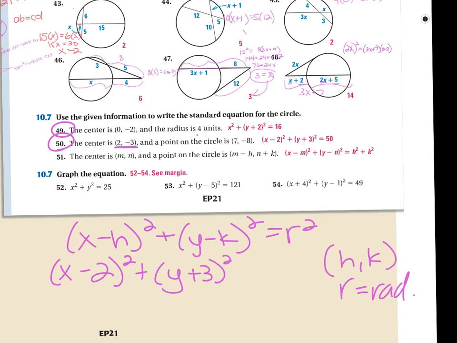And then let's say it gave you the radius instead of the point on the circle, like 4. Then it would be 16. So it's more like 49 than the point or missing the variables. And you don't even have to worry about having to graph it. Just make sure you know how to find the equation.